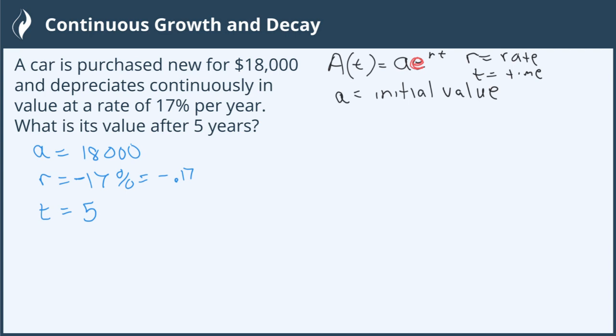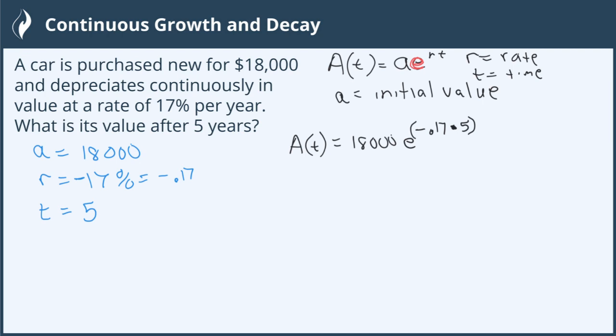So now our equation is going to look like this: A(t) = 18000 times e raised to the negative 0.17 times 5.